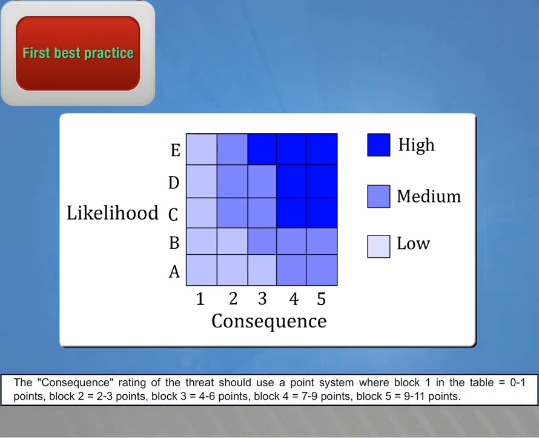The consequence rating of the threat should use a point system where block 1 in the table is equal to 0 to 1 points, block 2 is equal to 2 to 3 points, block 3 is equal to 4 to 6 points, block 4 is equal to 7 to 9 points, block 5 is equal to 9 to 11 points.